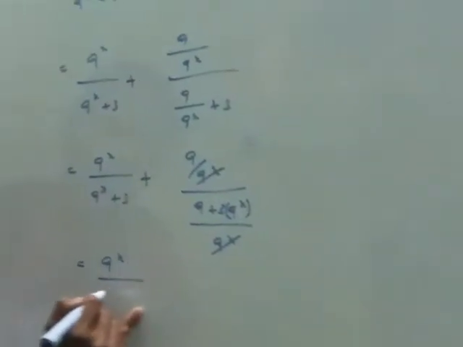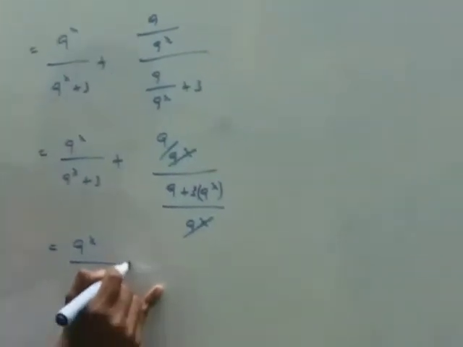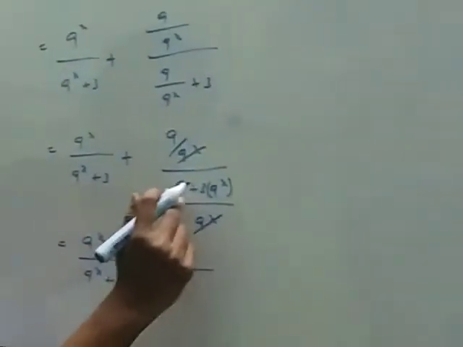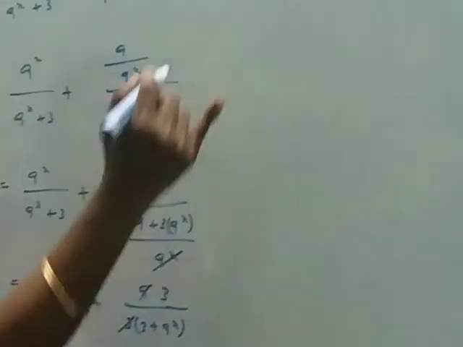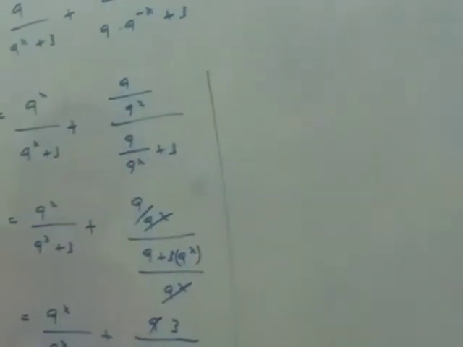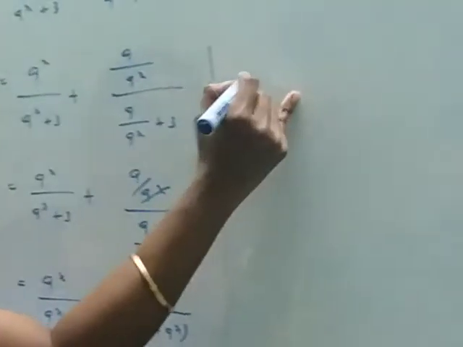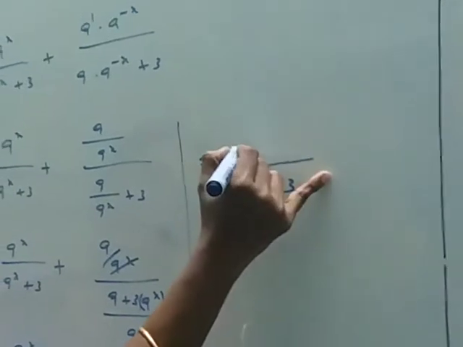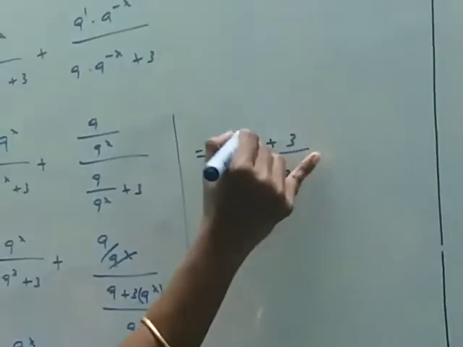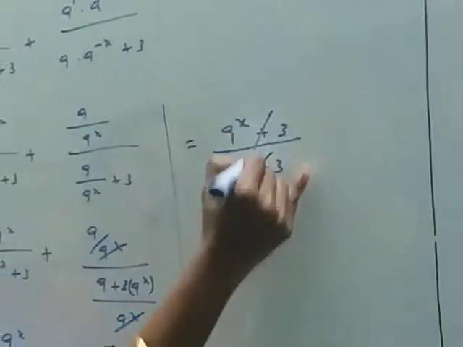So here 9 power x by 9 power x plus 3 plus 9 by, you are taking 3 outside here, so you get 3 plus 9 power x. Here 3 will get cancelled. The denominator has both the terms the same, so the LCM will be 9 power x plus 3. The numerator also we get 9 power x plus 3. So both the terms will get cancelled. The answer is 1.